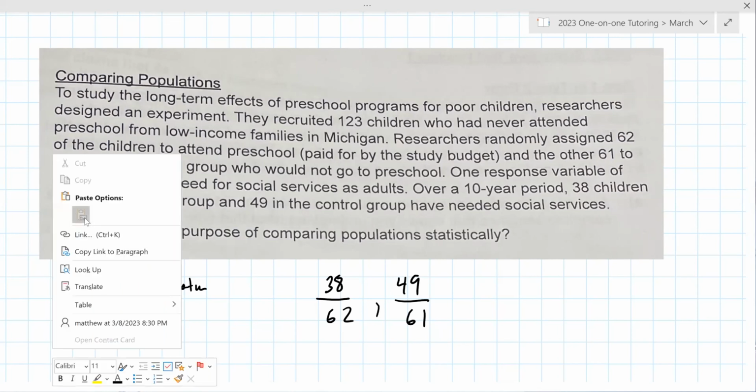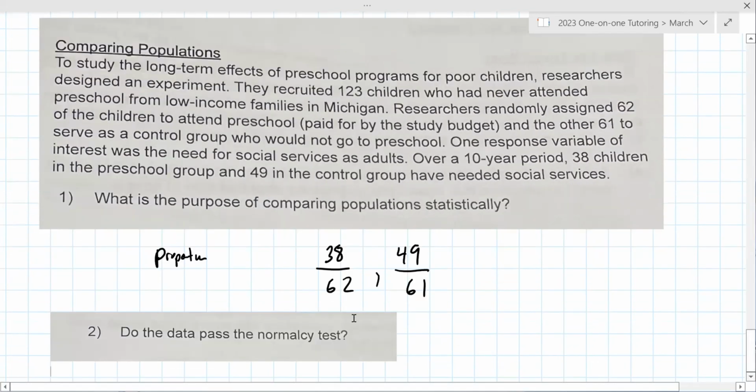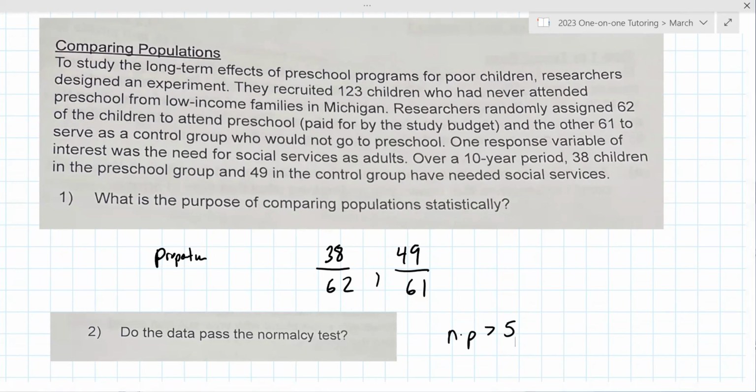My question to you is, I don't really know what you guys are using for the normalcy test. Usually it's something like n times p greater than 5, maybe. Do you have any notes or anything that you can help me with that? Let me look because I'm not entirely sure.